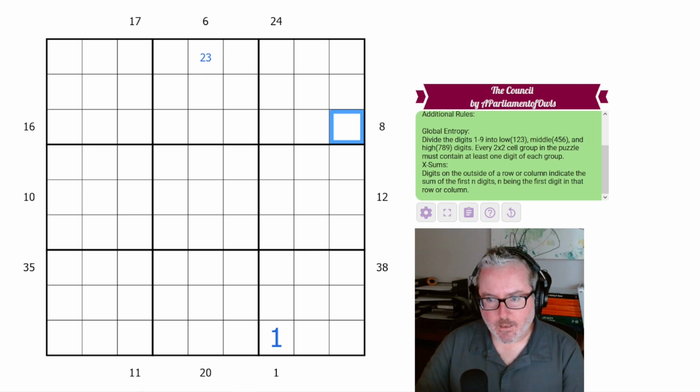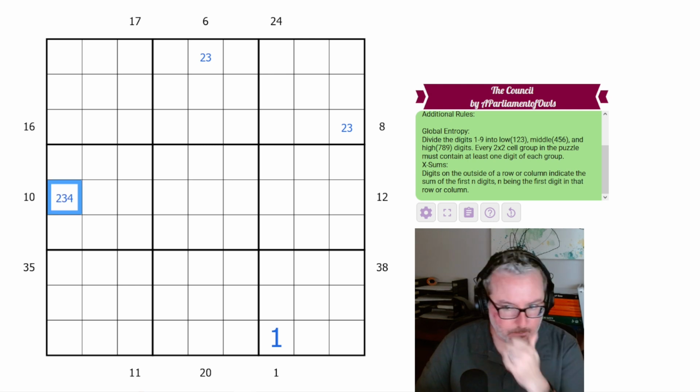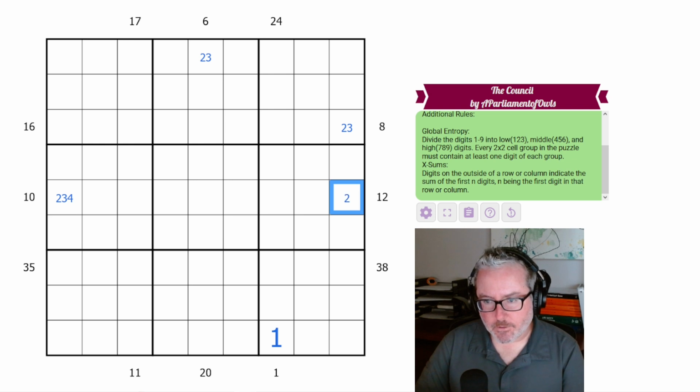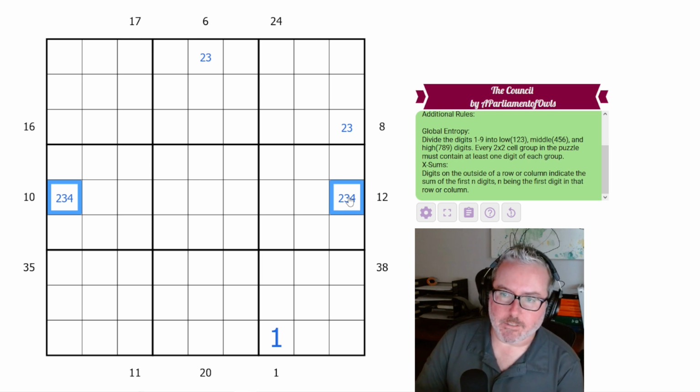For an 8 value, we can only have 2 or 3 because you can only have 2 or 3 digits adding up together to equal those values. Can't do 4 because you'd be at a minimum of 10. Now, again, we have a 10 here, so we can say this could be 2, 3, or 4. The 12 could be 2, 3, or 4. So we're probably going to get to a point where we're going to have some opposing possibilities of what could be what on these X sums.